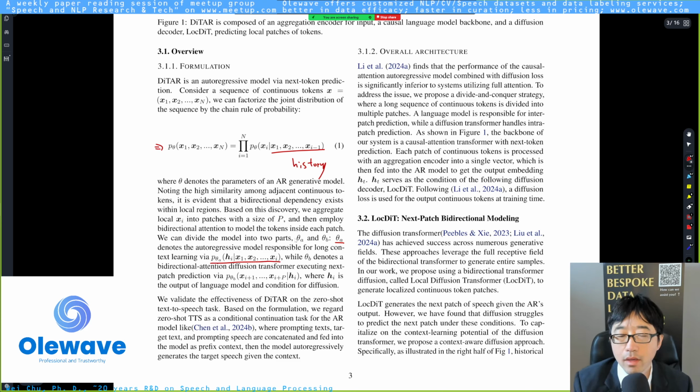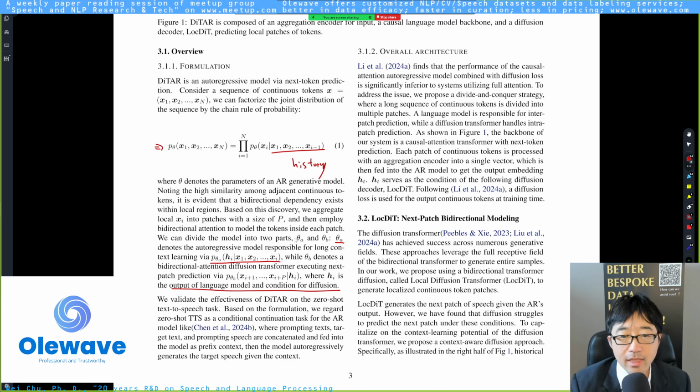So given a history of speech samples, what do they call this? Hidden variables, or H high, is defined as the output of the language model and a condition for diffusion. Head, this is why it has the H, an abbreviation for head.